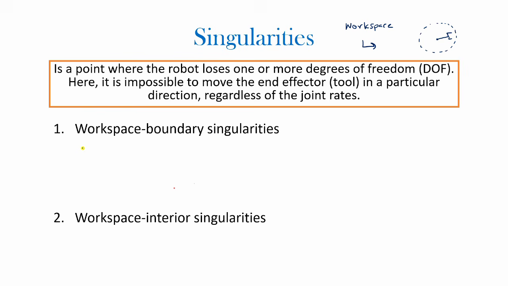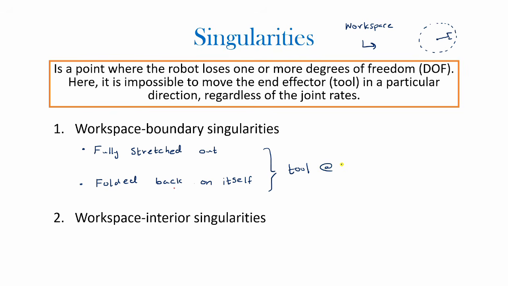So for workspace boundary singularities, there are two cases. The first one being that the robot can either be fully stretched out or folded back on itself. And for both of these conditions, the tool of the robot would be at the boundary of the workspace.